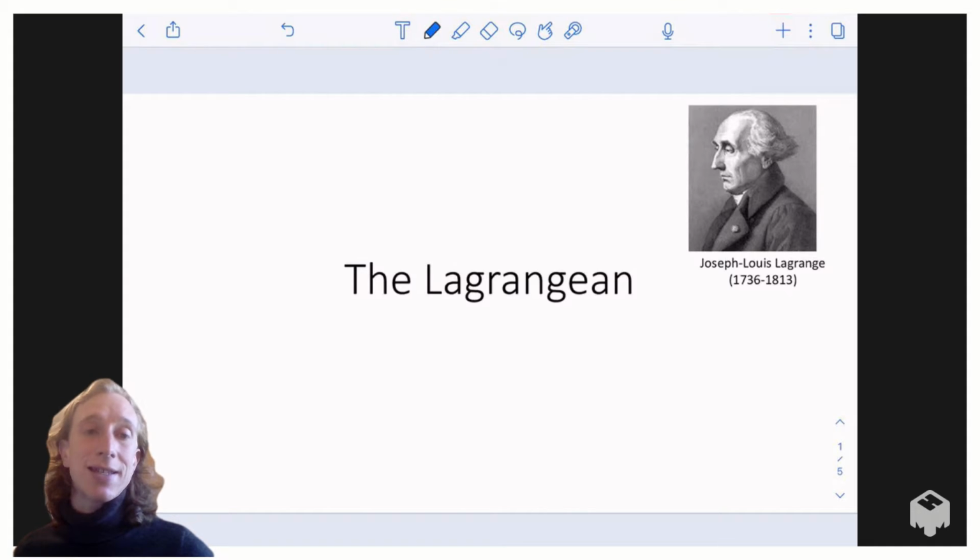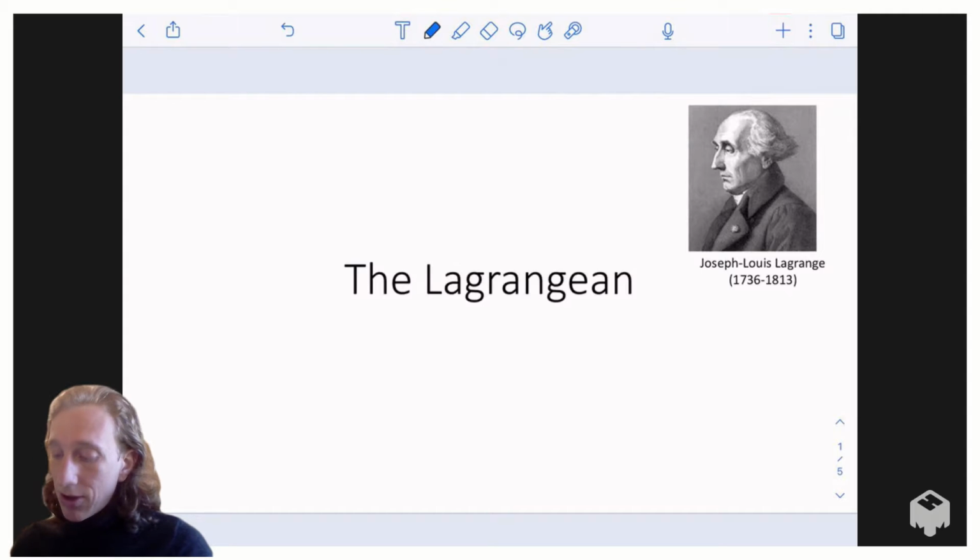Okay, and so in that sense, it's a good thing to know, and so I'm going to show you now how it works. I'm going to show you what the Lagrangian is, and I'm going to show you that in the end, it gives us the same optimality conditions for the problem that we've looked at. Okay, so I'll show you that it's the same thing, gives you the same answers, but it's a different way of arriving at it. And like I said, it's like a foolproof method, kind of.